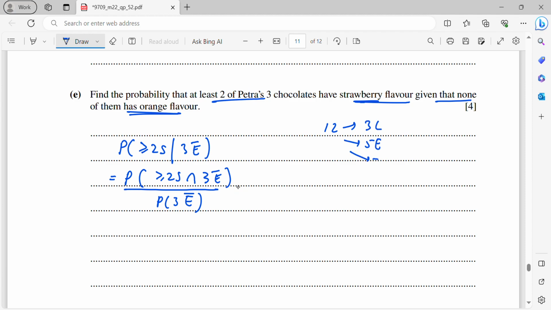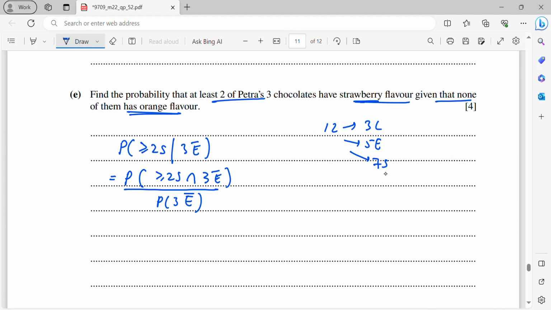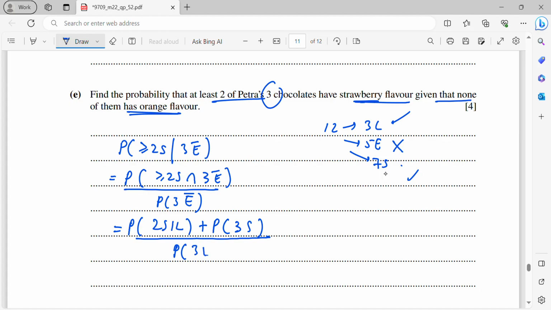So now if at least 2S and 3 non-E, which means here it will be 2 strawberries, and now we cannot consider the E. Therefore, strawberry and 1L, okay, that is the intersection, plus 3S, okay, because Petra's is taking 3 chocolates, then over 3 non-E. 3 non-E means that we will just take from L or S, alright?